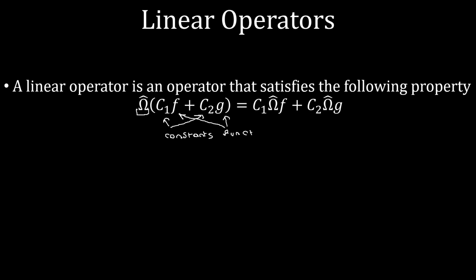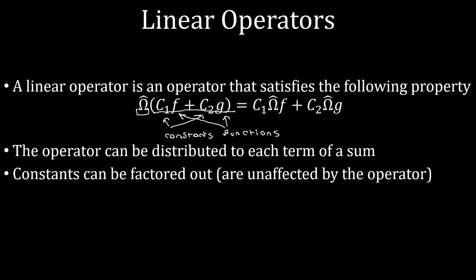So we're not specifying here just two constants, two functions. When we apply the operator to this term here, we have to be able to distribute the operator into the parentheses and move the constant out of the operator. And we'll see what this means a little bit more.